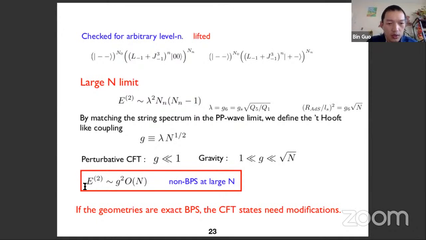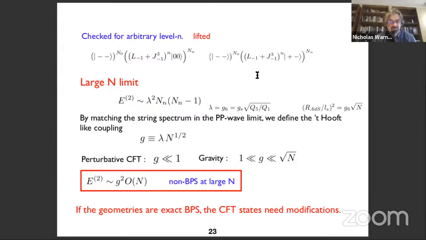So we can write E2 in this form. G is a fixed number. It can be small or large, but we can see it's proportional to N. So it is non-BPS at large N. So it looks like if the geometries are exactly BPS, maybe we need some modifications to the proposed CFT states, this kind of CFT states.